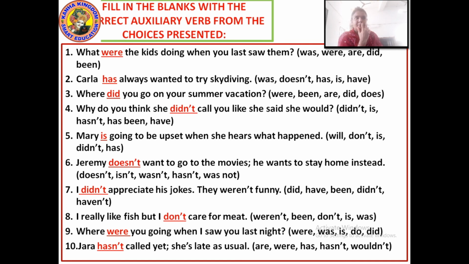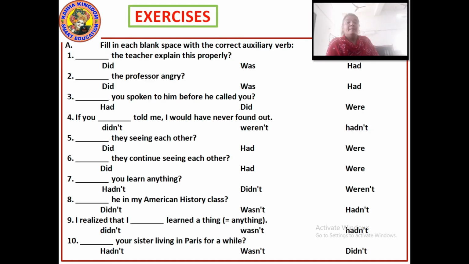Fine, let's move to the last exercise. Now these last two exercises are to be done by you. In the exercise which has been shown here, you have to fill in the blanks with the correct auxiliary verbs. Below each sentence, I have given you 3 options.